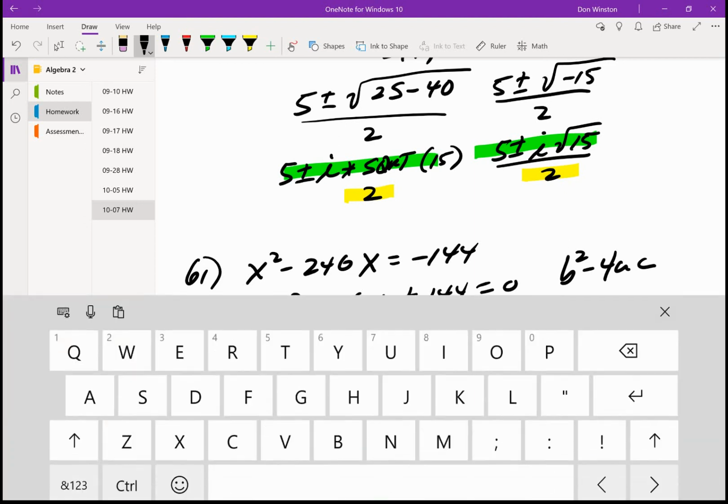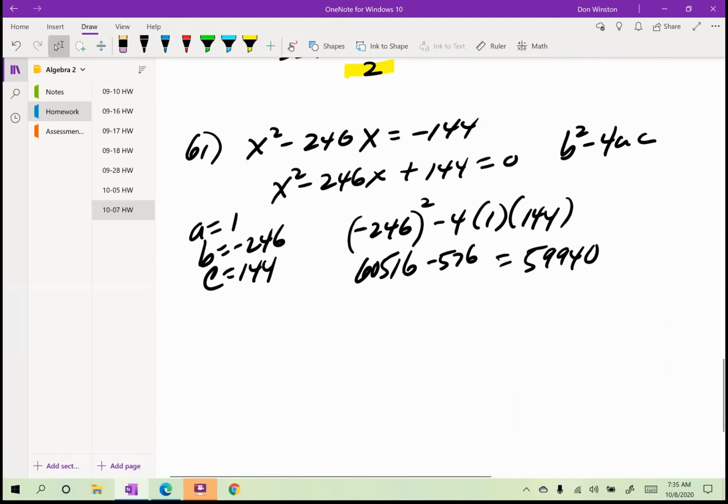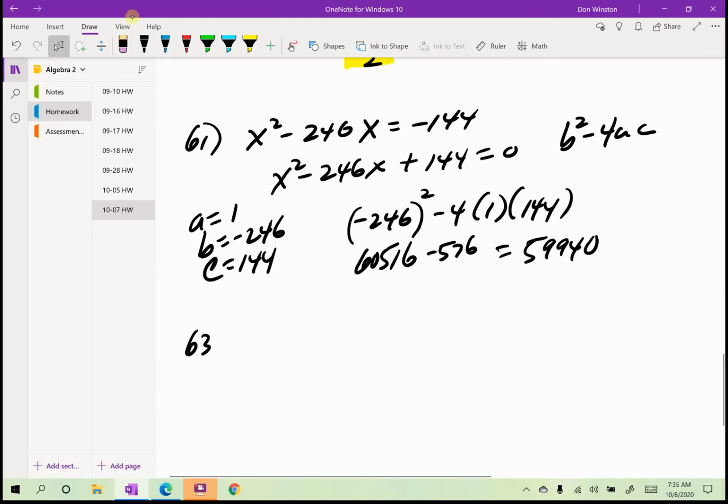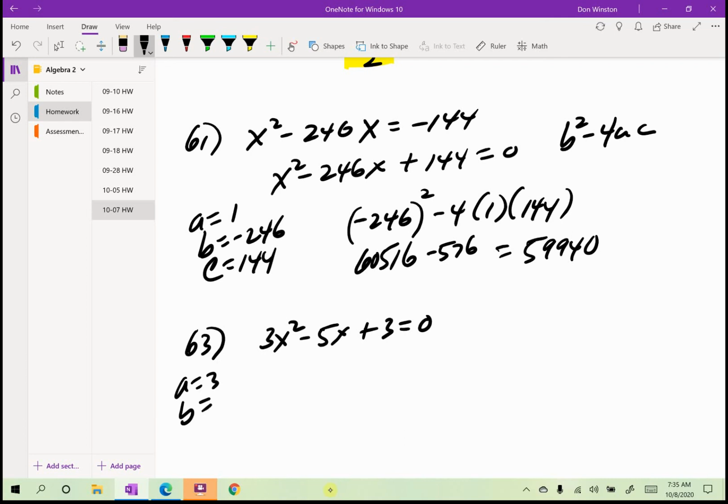And then I gave you 63, so that was 3x squared minus 5x plus 3 equals 0. So A equals 3, B equals negative 5, and C equals 3.